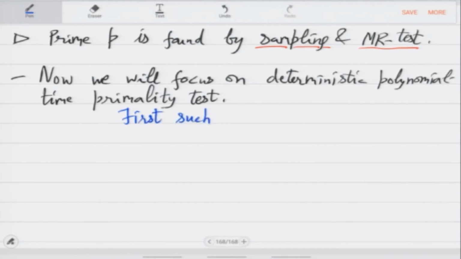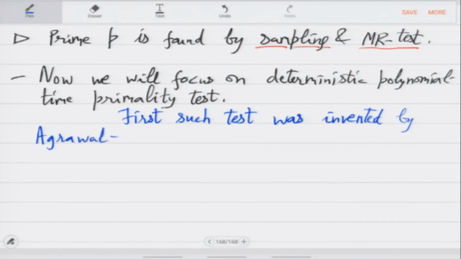So the first test was invented by Agarwal, Kayal and myself here in August 2002. Okay, so I will quickly go through this test.